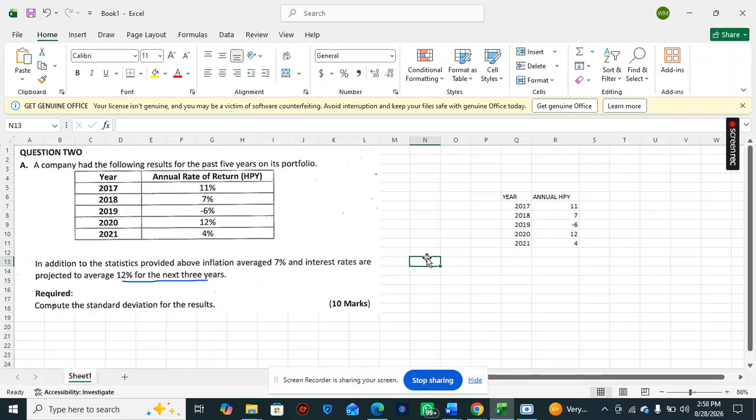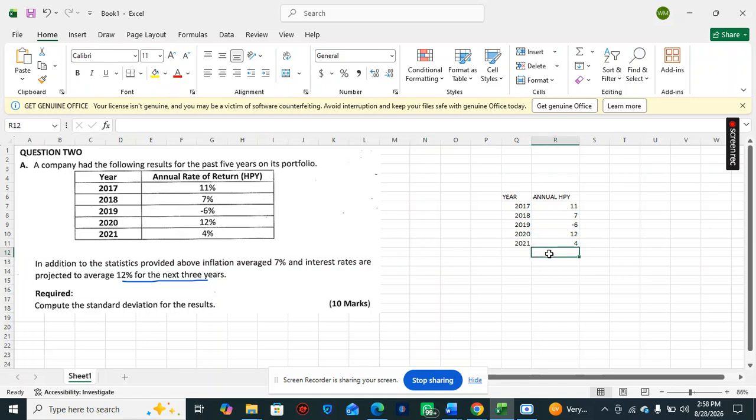You want your portfolio to have a low standard deviation, meaning the returns that you're getting should be near the average return. That's a more stable portfolio with a small standard deviation. But the bigger the standard deviation, it means your returns fluctuate very far from the average. So the portfolio is not stable.